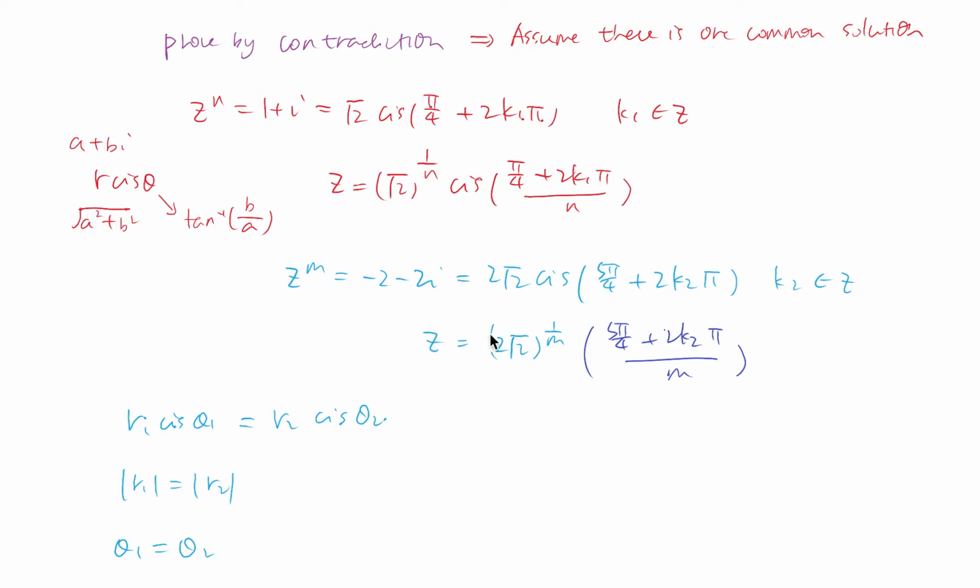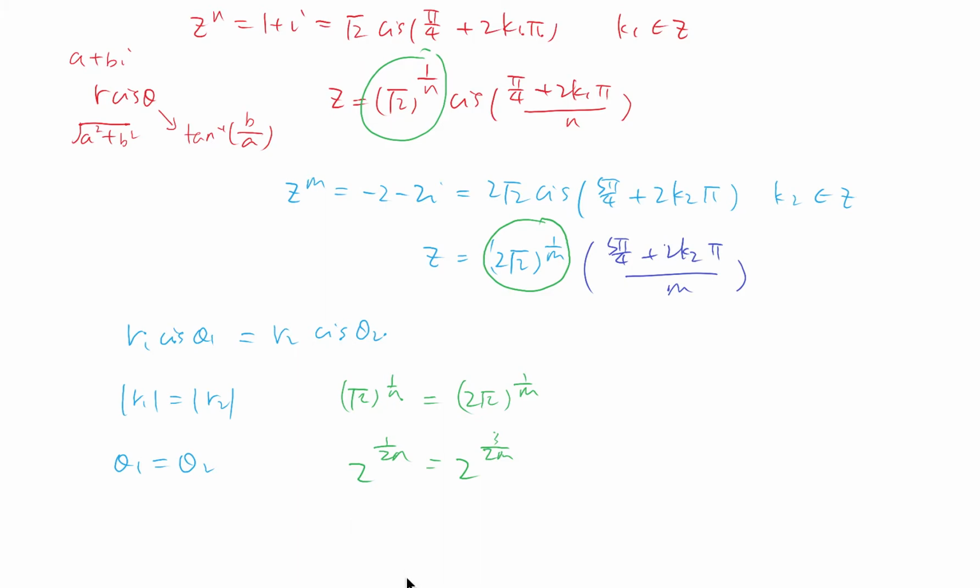Root 2 to the power of 1 on n equals 2 root 2 to the power of 1 on m. So we have 2 to the power of 1 over 2n equals 2 to the power of 3 over 2m.